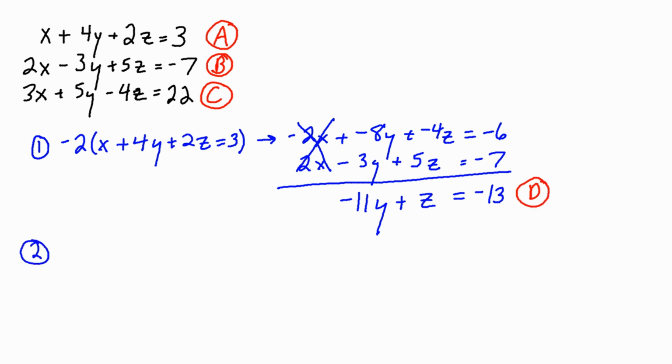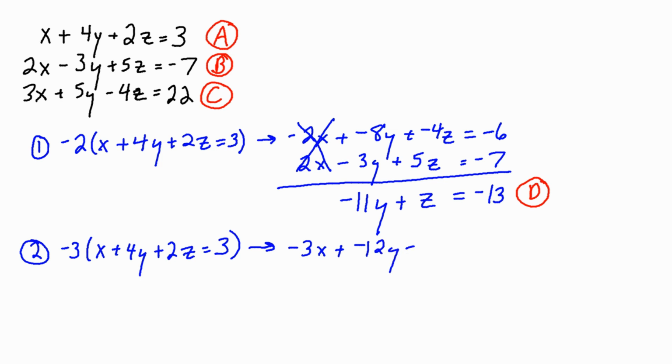So my second step is to multiply equation A by -3 so that when I add it to equation C, my x's cancel. So I have -3x plus -12y plus -6z equals -9, and I want to add to that 3x plus 5y minus 4z equals 22.